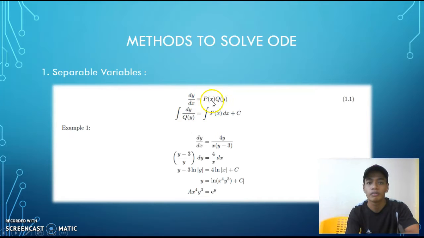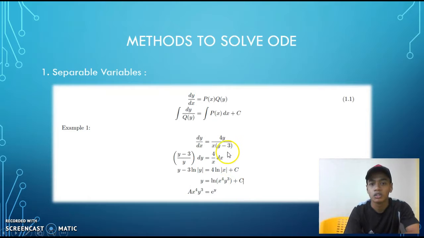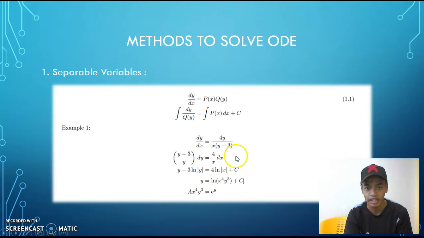Then we integrate both sides. For example 1, dy over dx is equal to 4y over x(y minus 3). So we separate the y variable and x variable, so that we get (y minus 3) over y dy equal to 4 over x dx.